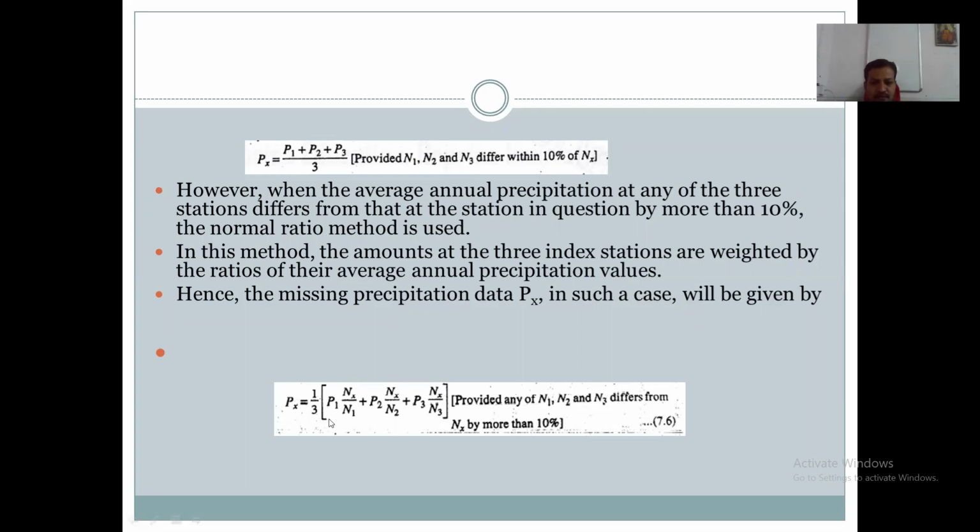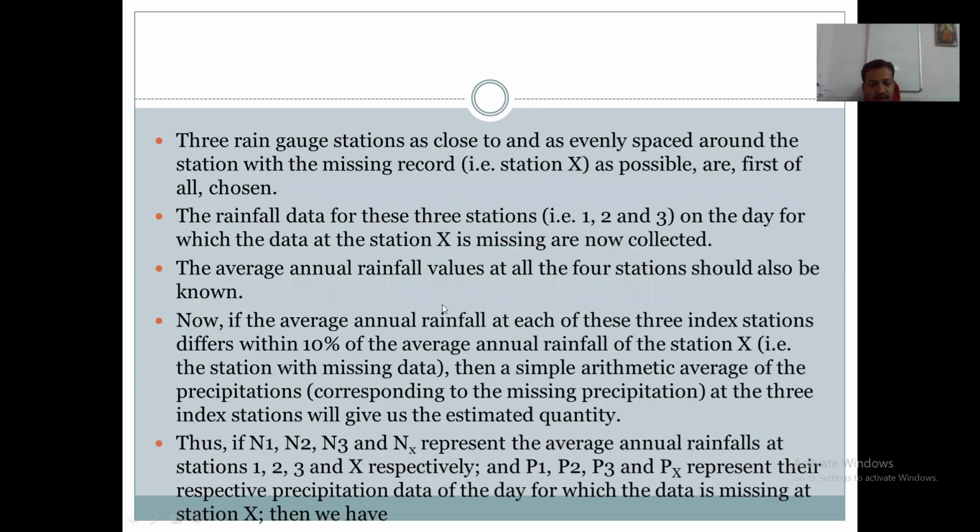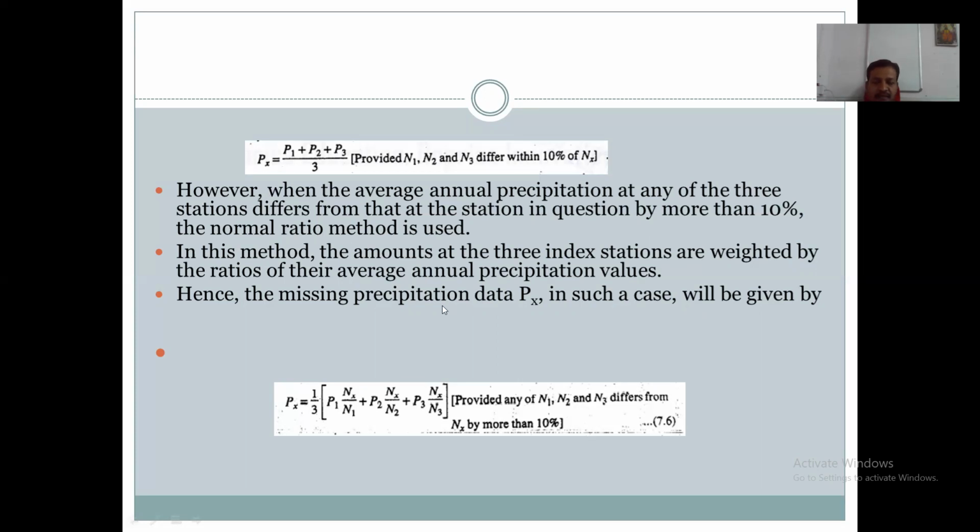So by putting the values of Nx, N1, P1, P2, N2, P3, N3, these are known values. In this way, we calculate the missing rainfall data by this method.